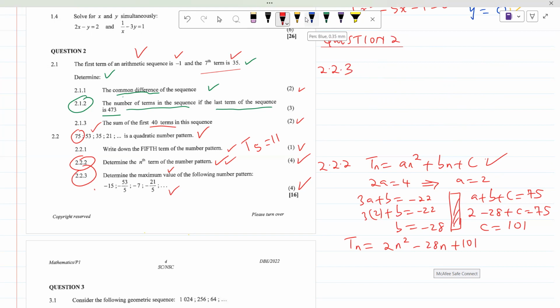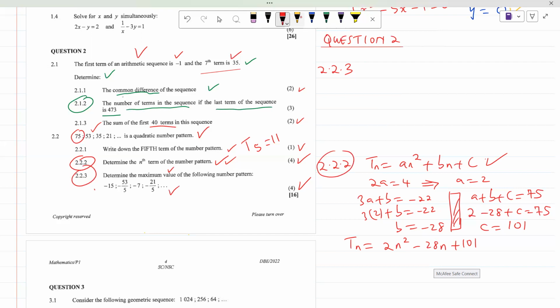All right. So first and foremost, we must realize something here. We're going to look at what the shape of the graph was in 2.2.2. We found the nth term, and the shape of the graph was what?